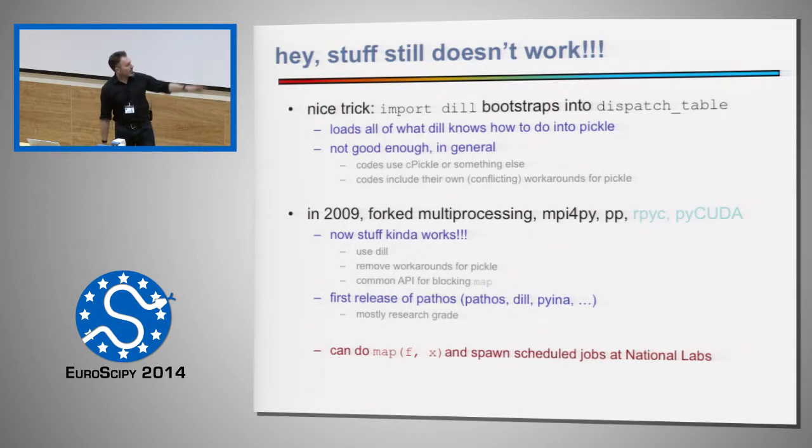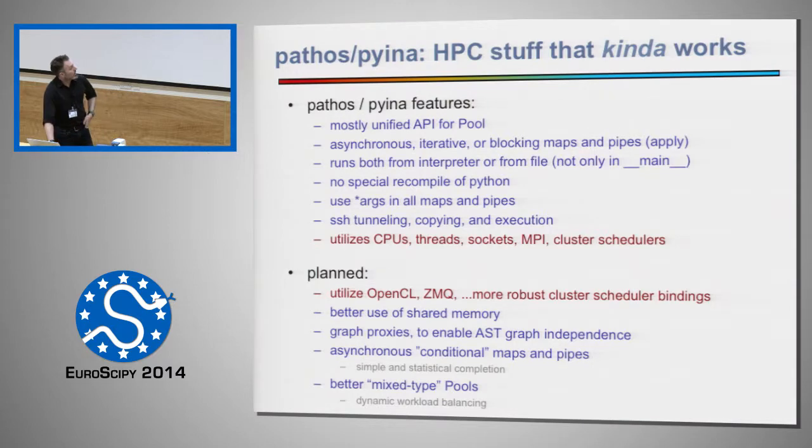And you can do things like map a function onto jobs that are running at the national labs in parallel. And so we have continued to do pathos and pyina, HPC stuff, and develop it over the time. We have nested heterogeneous maps that are available.